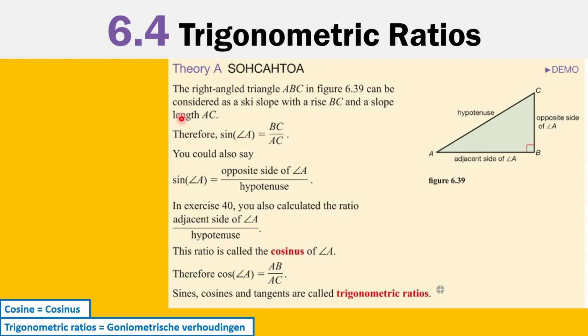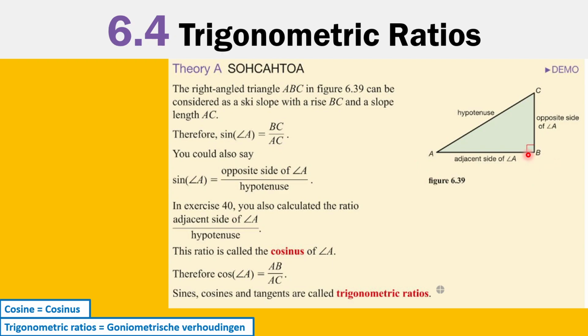First of all, they're going to introduce you to a new thing. If you take a look at this triangle right here, and let's say we're looking from angle A, we knew that the tangent of angle A is opposite divided by adjacent, right?